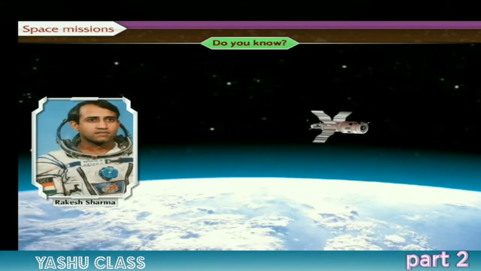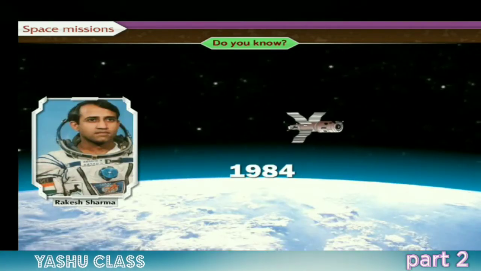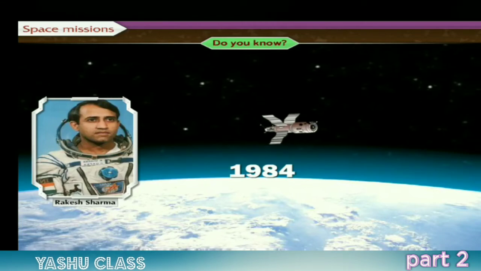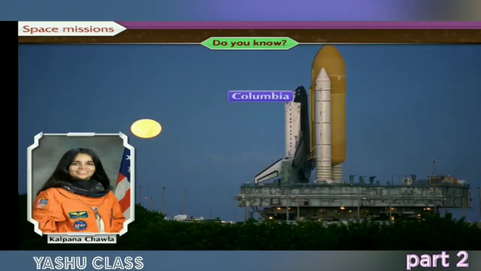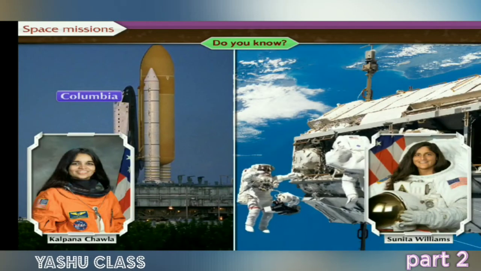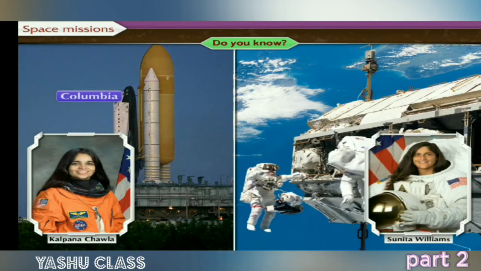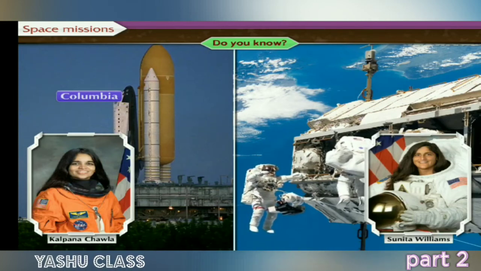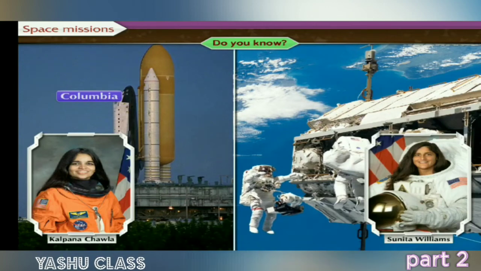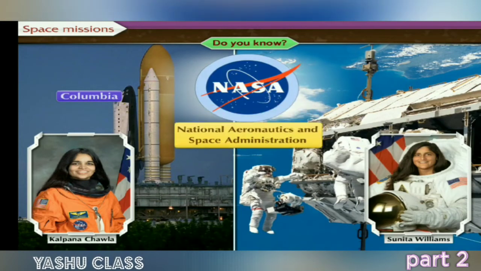Rakesh Sharma of India orbited the Earth in 1984 in a Russian spacecraft. Kalpana Chawla and Sunita Williams of Indian origin also participated in space explorations through missions organized by NASA, that is, National Aeronautics and Space Administration of USA.